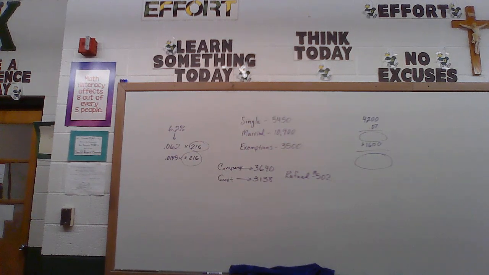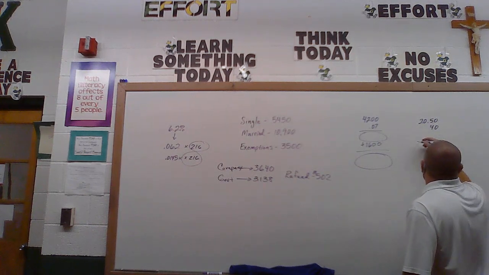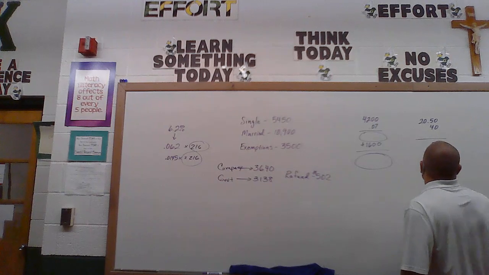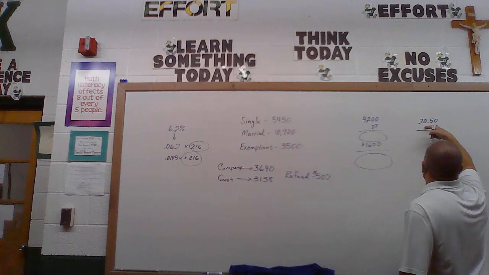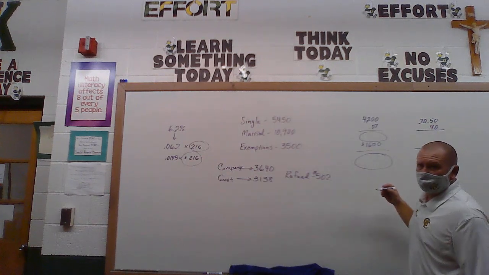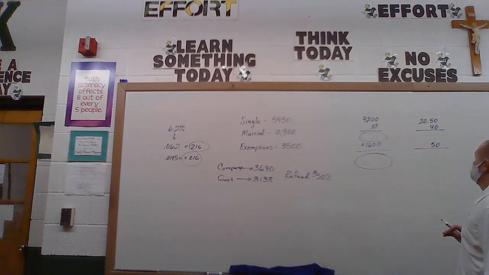I have to first figure out how much I make, or how much Shirley does. And how do I do that? 20.50 times 40 times 50. This times 40, that answer times 50.